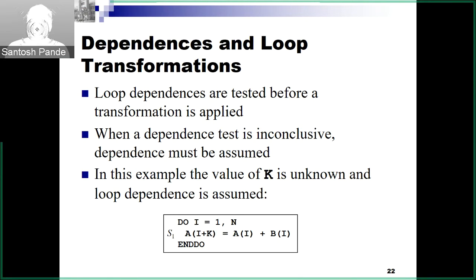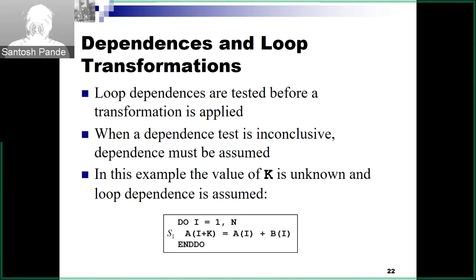But the moment K assumes any positive or negative values, it becomes inter-iteration dependence and doesn't allow parallelization. So only when K is equal to 0, we can parallelize the iterations. In other cases, we cannot. In one case, it will become a flow dependence. In another case, it will become an anti-dependence, but in either case, it prevents parallelization.